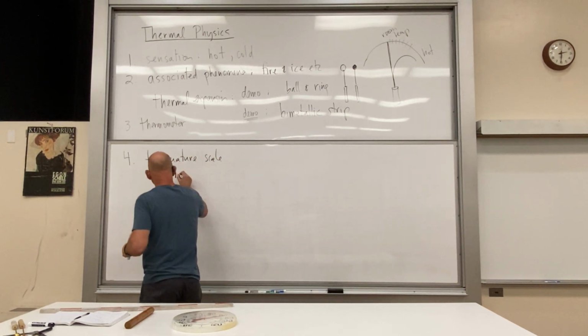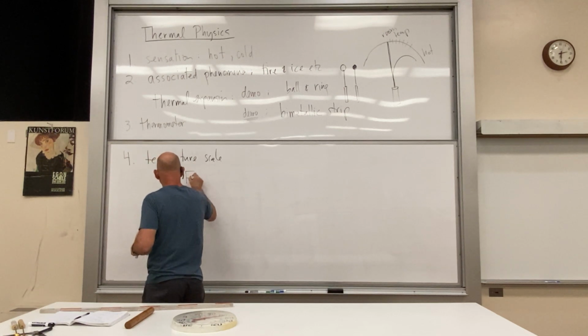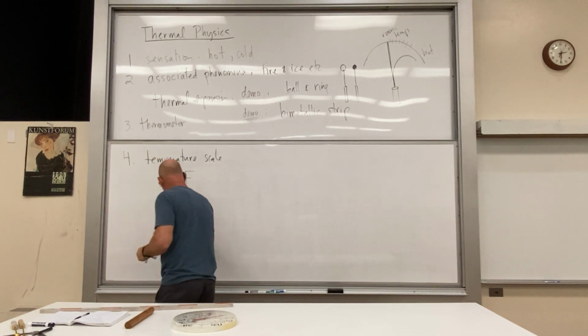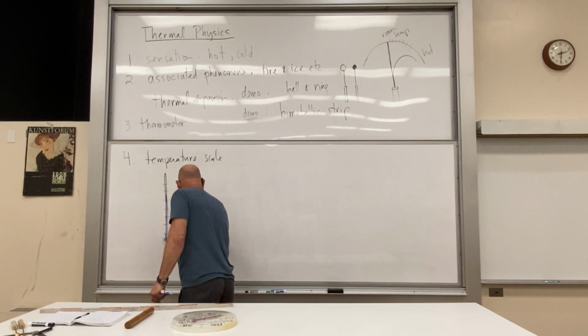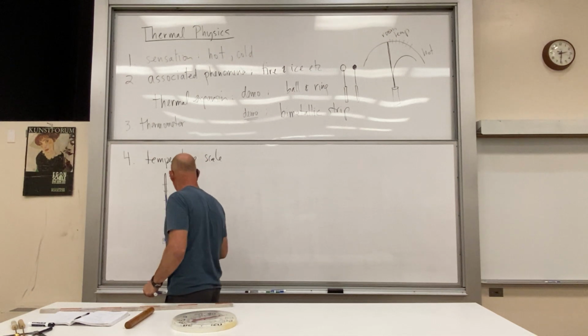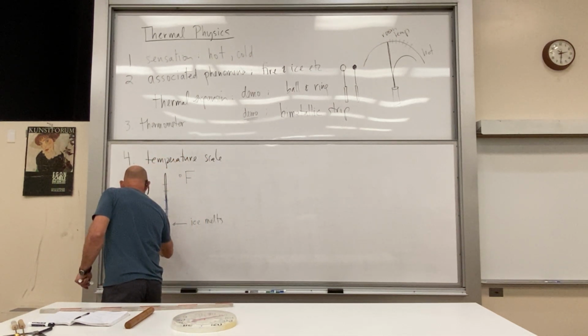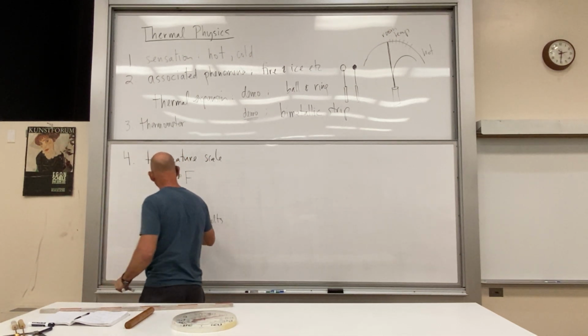And if this were degrees Fahrenheit, we would have two phenomena that we nail it down with. We would say ice melts, and that would be 32 degrees Fahrenheit.